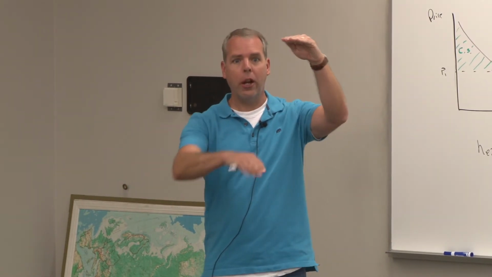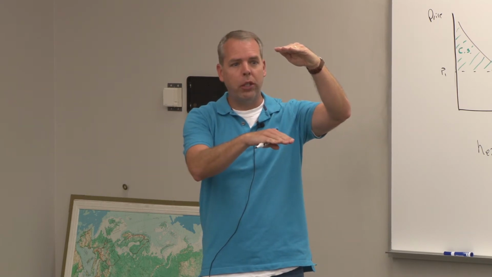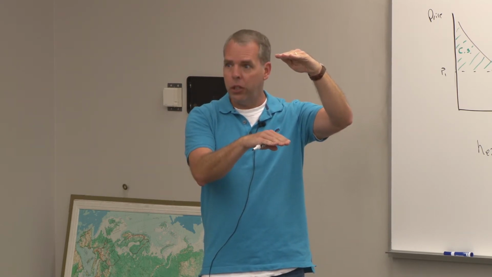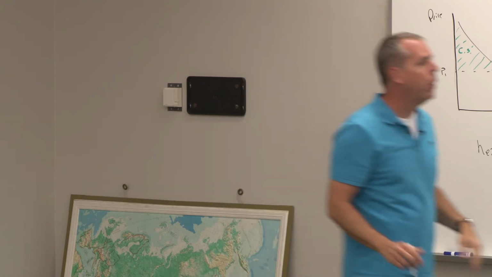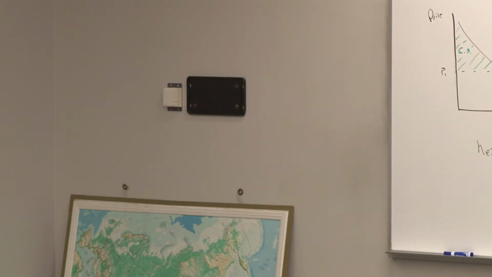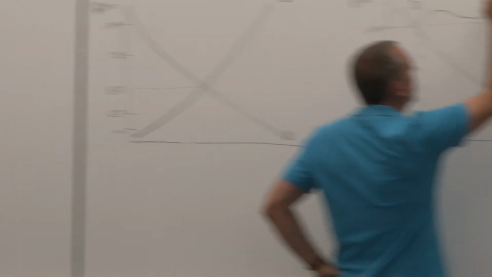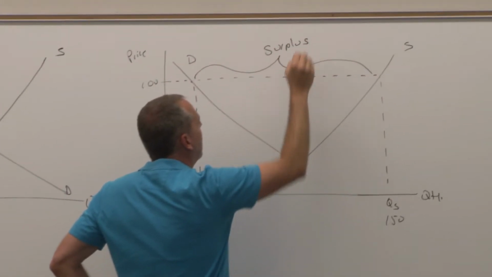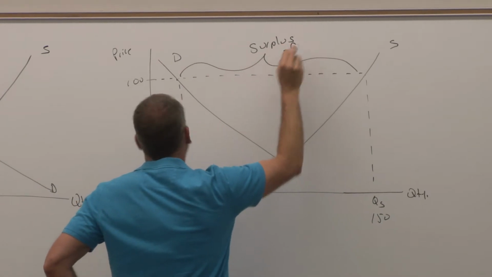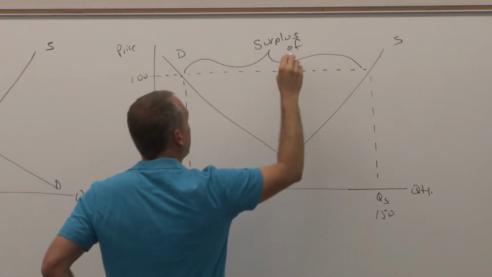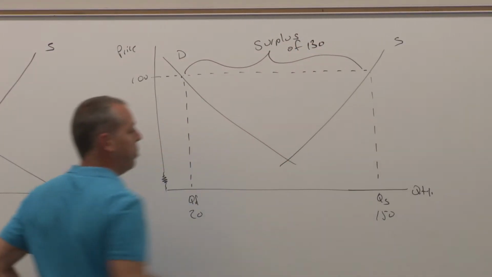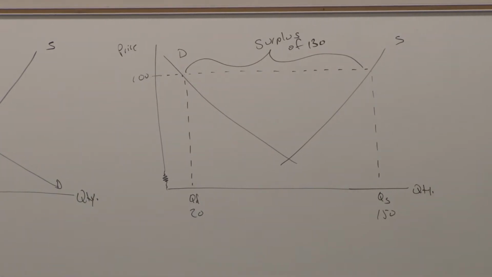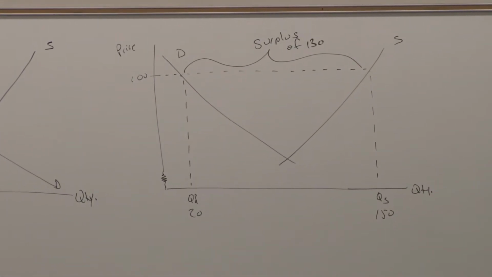So if the price is 100 and it costs $98.42 to make it, it makes sense to make the pair of jeans. The problem is, of course, that you have this surplus of 130. And it doesn't make sense to make 130 pairs of jeans every single week. That's never going to get sold.